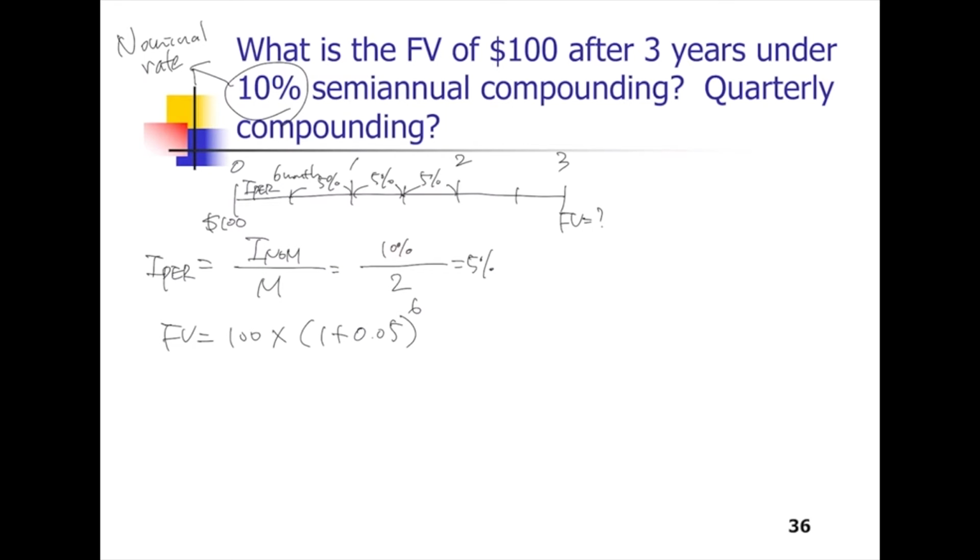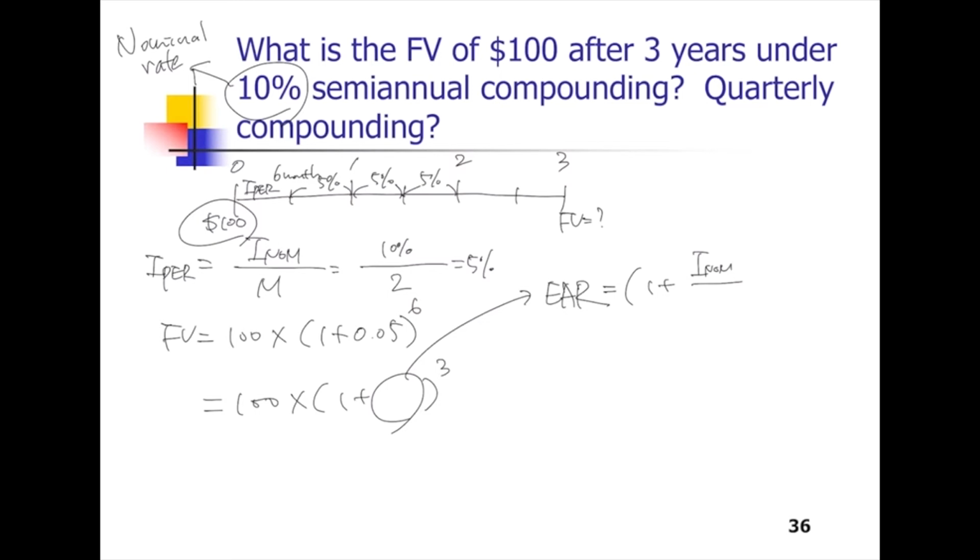And you can also calculate what rate here. Here is EAR. Yes, single payment, but we have a different compounding interval. So in this case, we can use EAR. EAR can be calculated by 1 plus I nominal rate divided by m, to the power of m, minus 1, right? And we can also write this as the period rate to the power of m, minus 1.